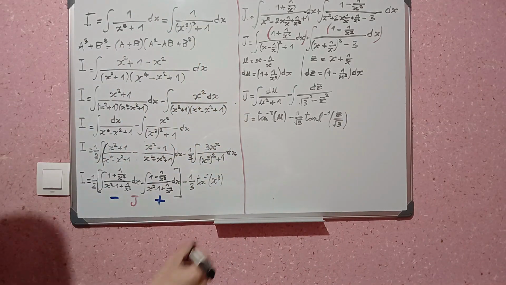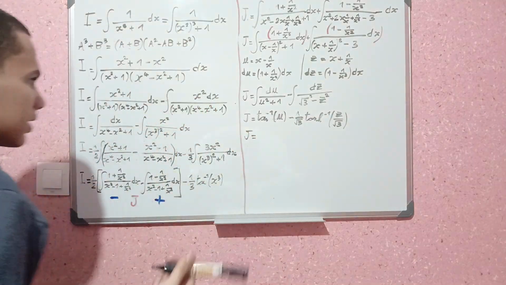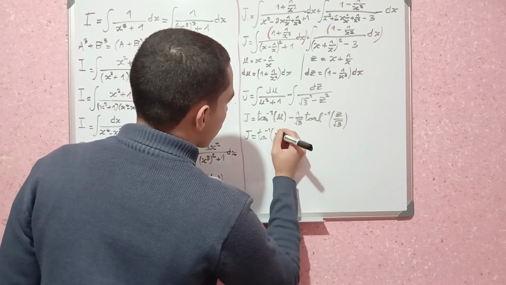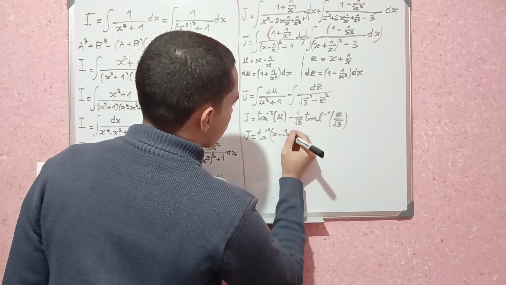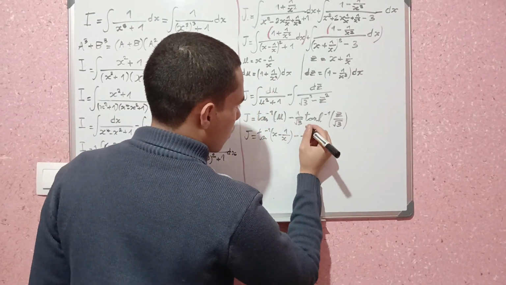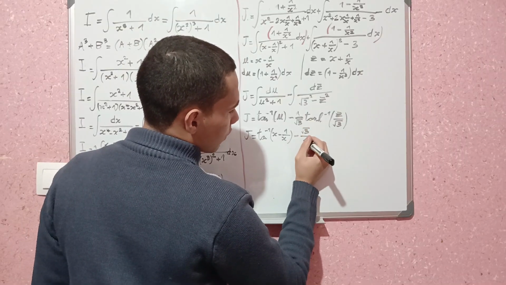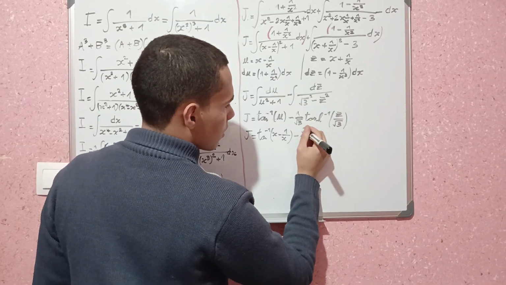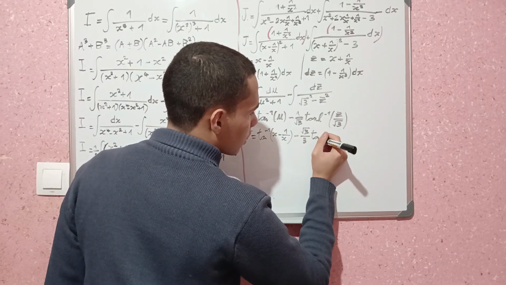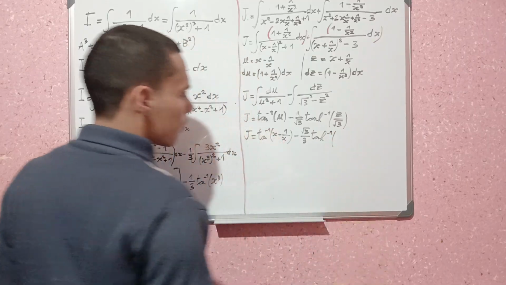Alright, let's replace the u and z because we need the x. This will be the inverse tangent of x minus 1 over x, minus, this can be written as square root of 3 over 3, just better looking. Then the inverse hyperbolic tangent of what?